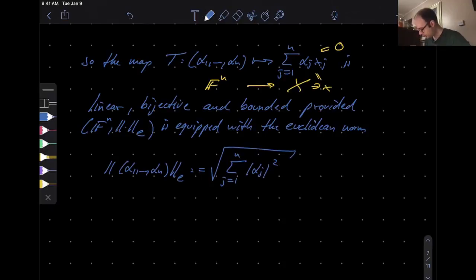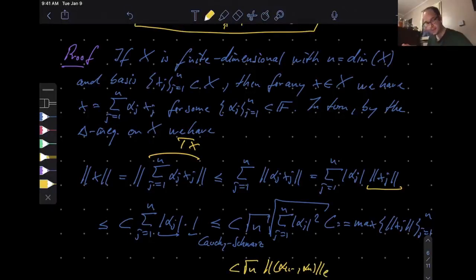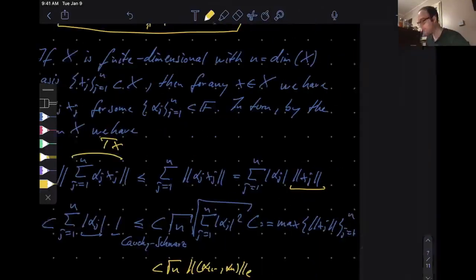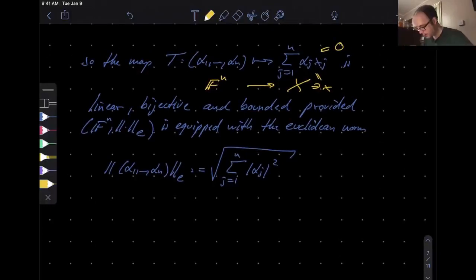Because of this last estimate here: you have T of x right here, and what we showed is that the norm of T of x is less than or equal to the constant c times square root n times the norm of alpha 1, up to alpha n in the Euclidean norm. That's precisely the boundedness of the map T. Okay, good. That's the first observation.